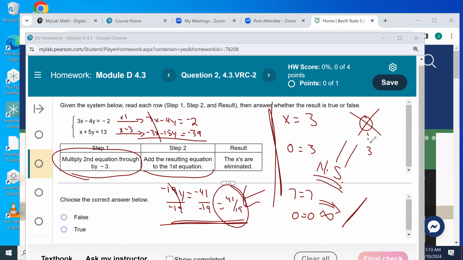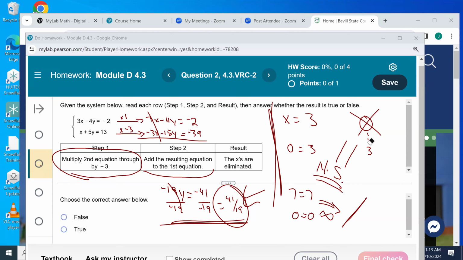If I got a number like that, there is no way I'm going to stick 41 over 19 into either one of those.